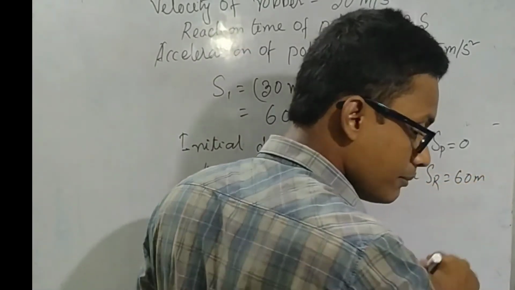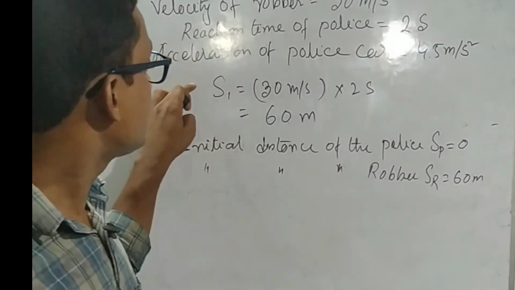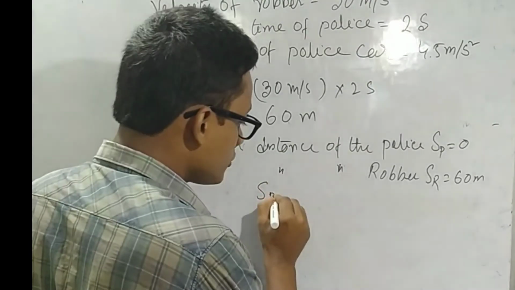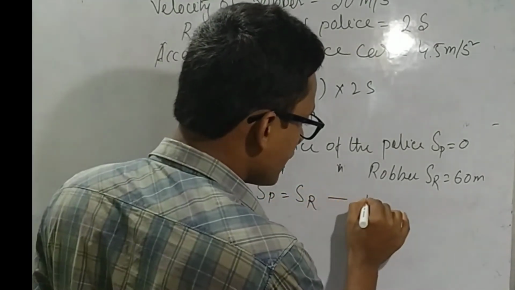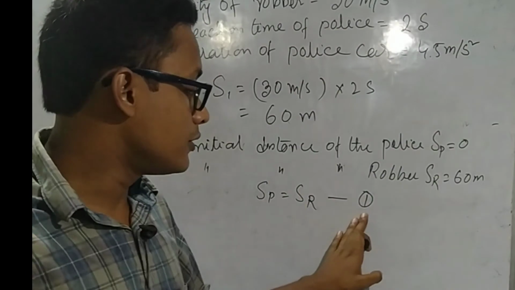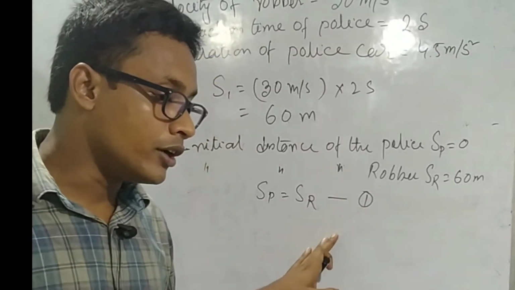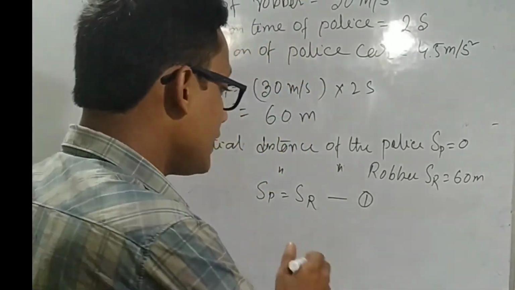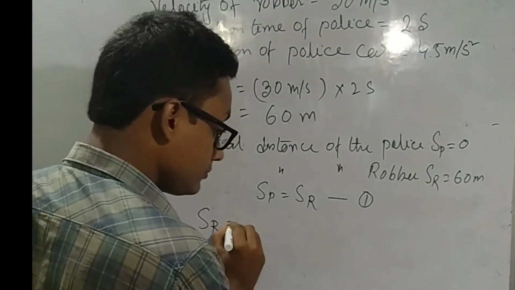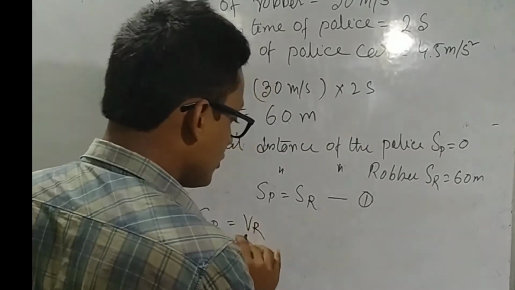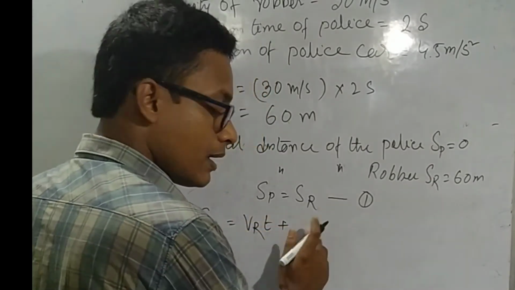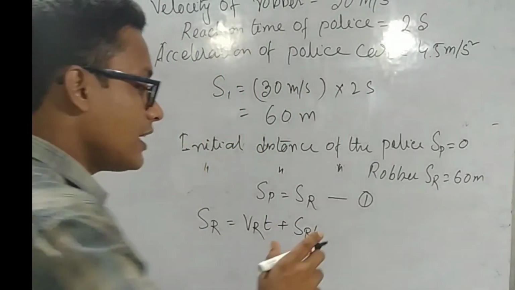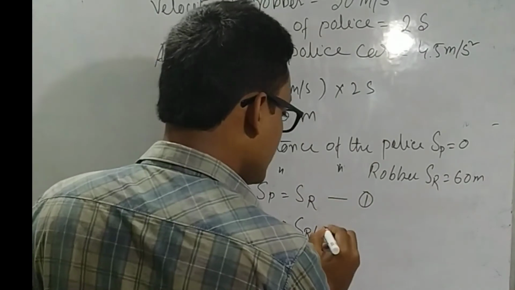If the police can catch the robber, then the distance SP should be equal to SR. This relation is noted as equation number 1. Now the distance traveled by the robber, SR, is equal to VR, velocity of the robber, into time plus SR prime, the distance traveled by the robber within the reaction time of police.